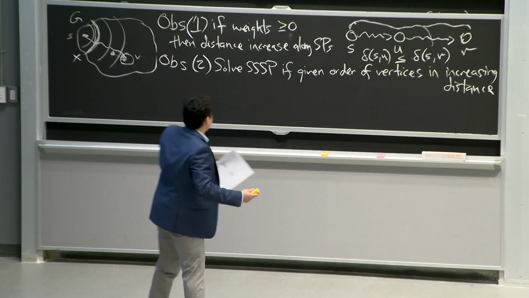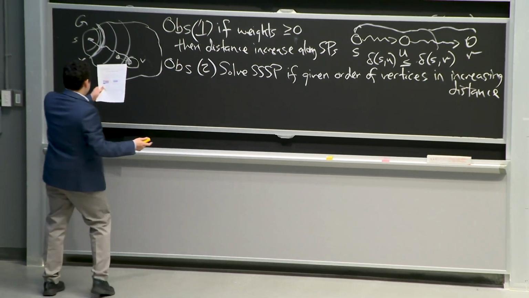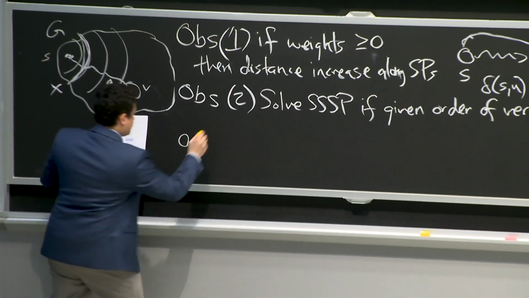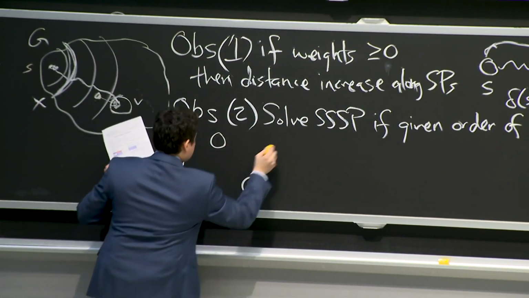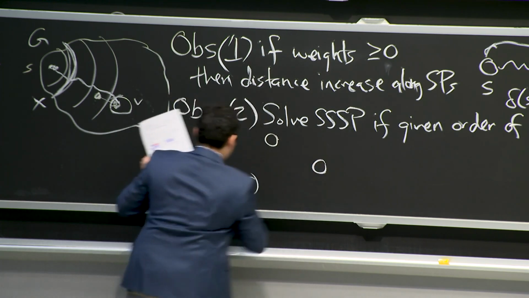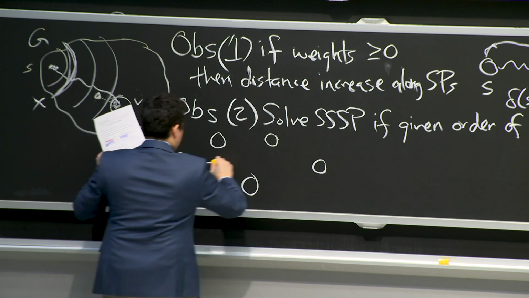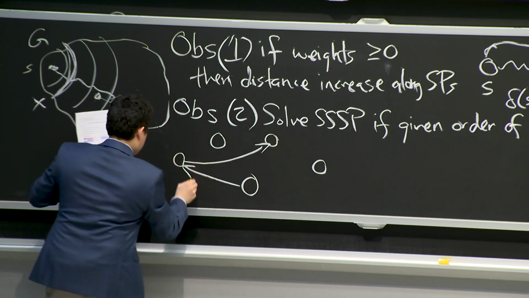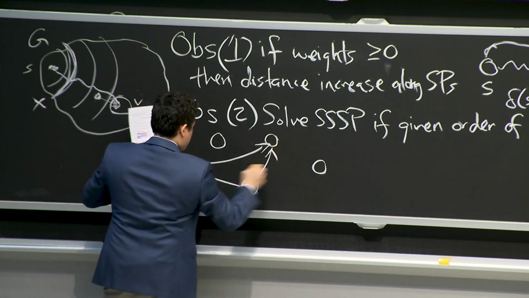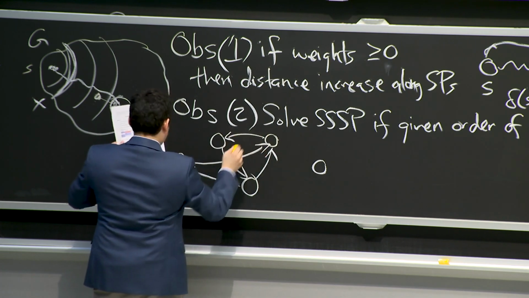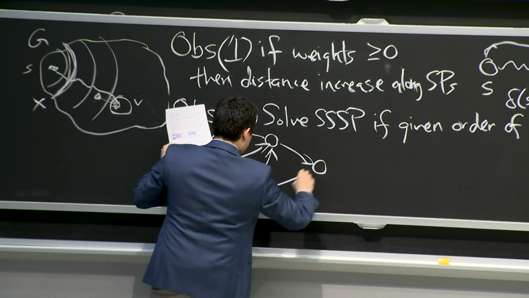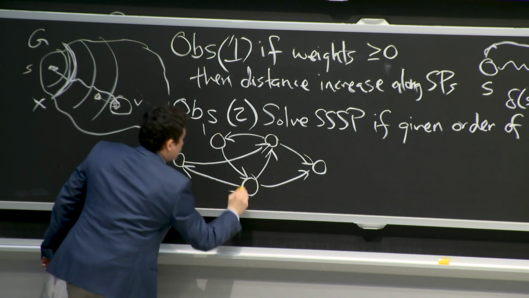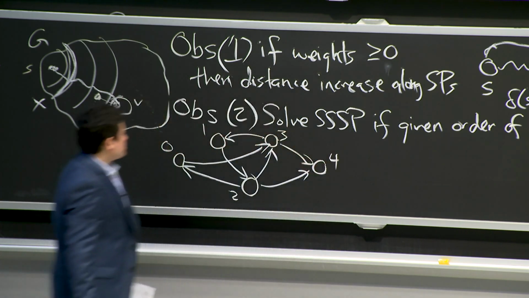Okay? So basically, I'm saying if I had some, I don't know, here's a graph. Let's see if I can remember. Okay, and I'm going to put some edges on here. I'm going to call these vertices 0, 1, 2, 3, and 4. So here's a graph.